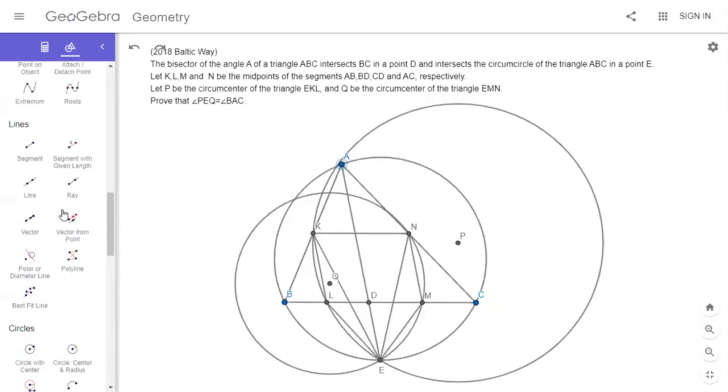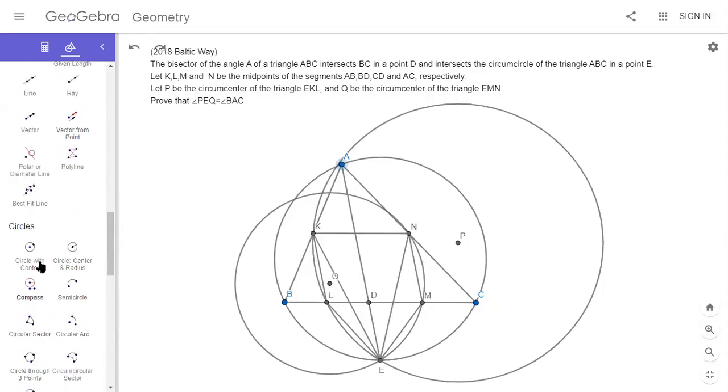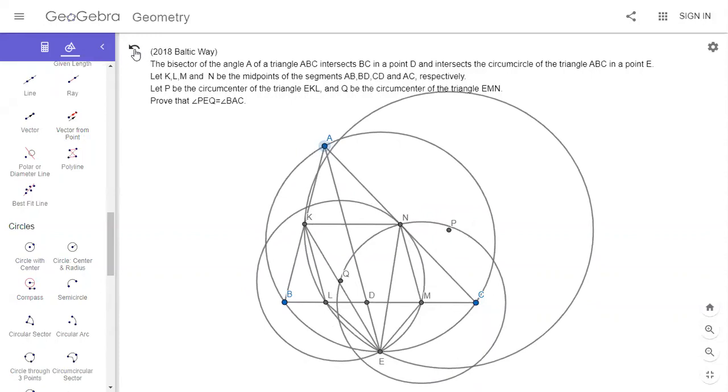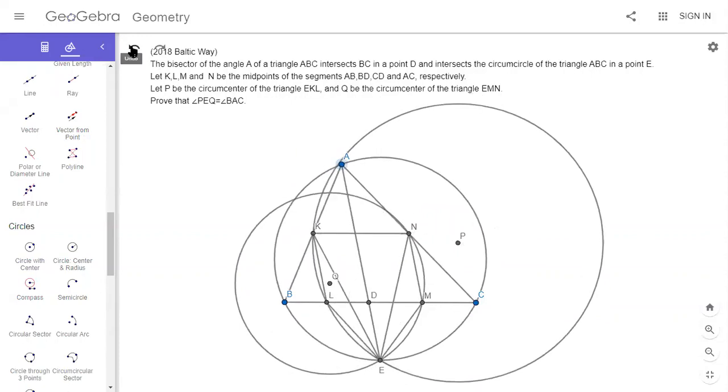Yeah, I think you might be onto something. MNE does look isosceles, but it's not. But MN is equal to KL. It's half of AD.